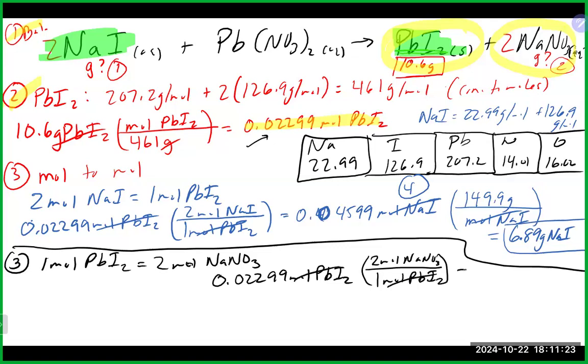They will cancel. We're going to multiply that number by 2 again and basically end up with 0.04599 moles of sodium nitrate.